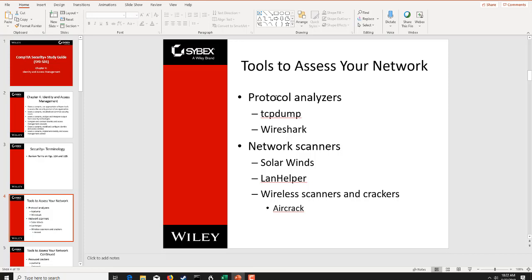Wireless scanners and crackers, we go over Aircrack in 4710 in one of our labs, and there are some other newer tools on the market today, especially those that work with WPA3.